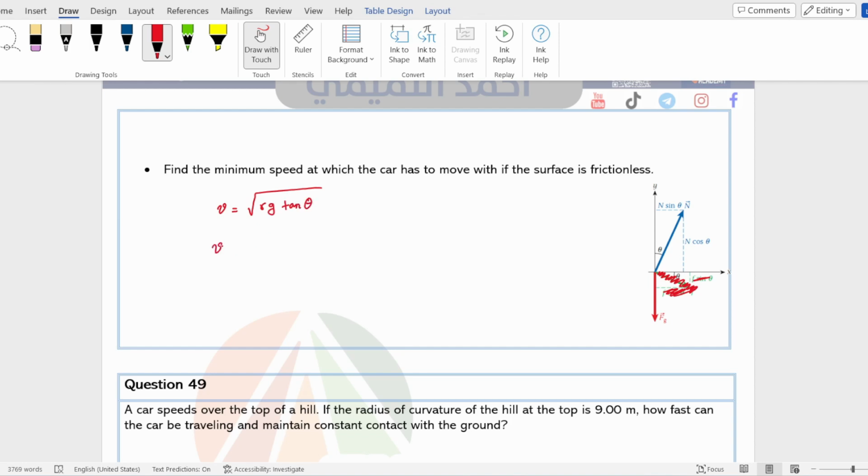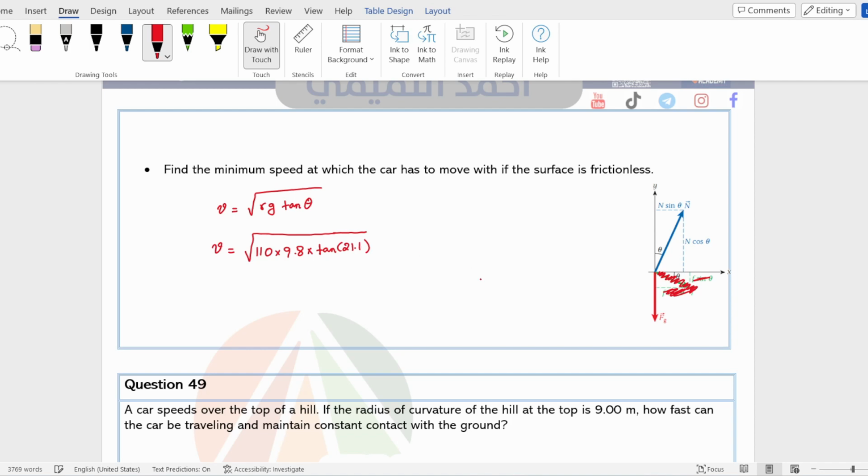Now we substitute the values. Let's assume that we have the same numbers as in the previous question and assume that the surface is frictionless, for example. Of course it cannot be frictionless, it's a NASCAR track. Anyway, R, let's say it's 110 multiplied by 9.81 multiplied by tan of the angle, 21.1.